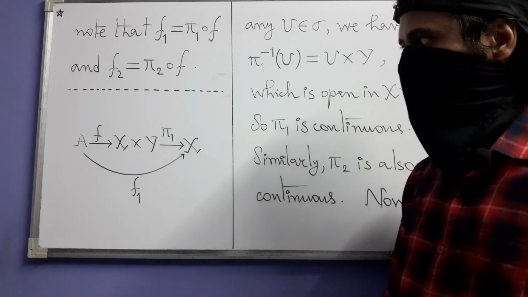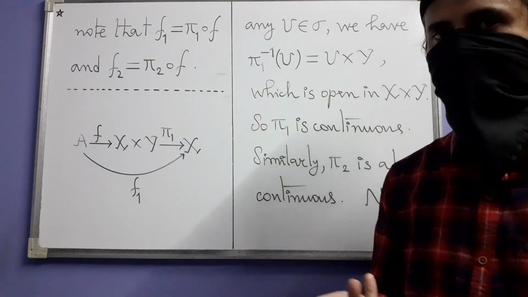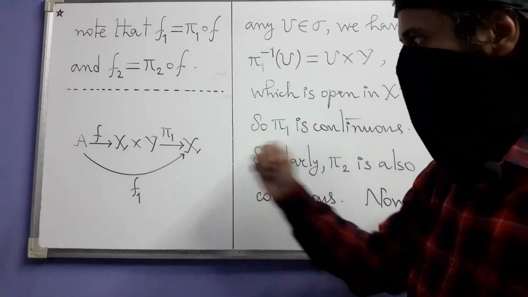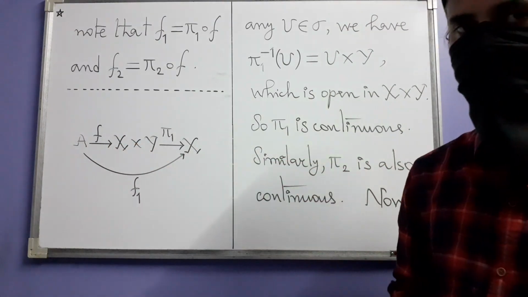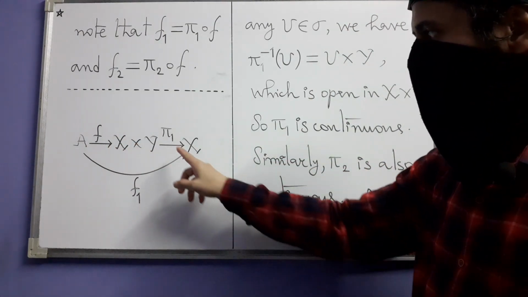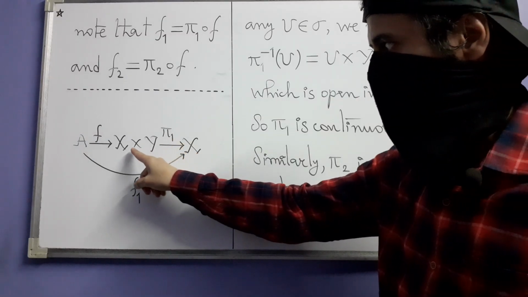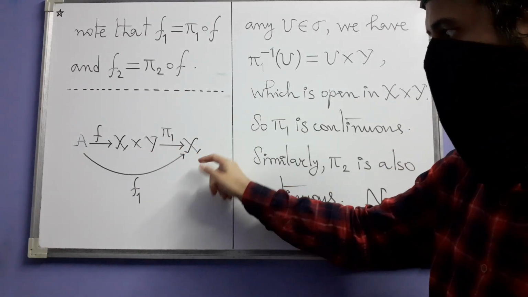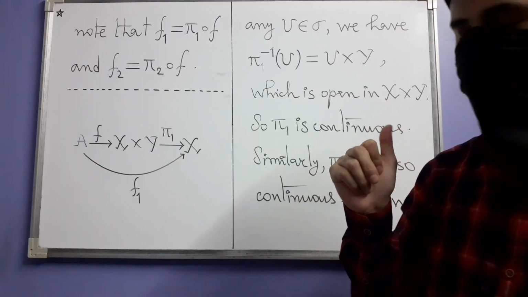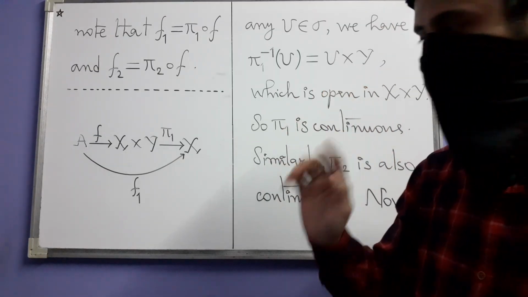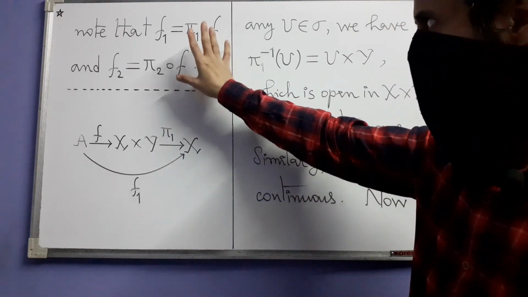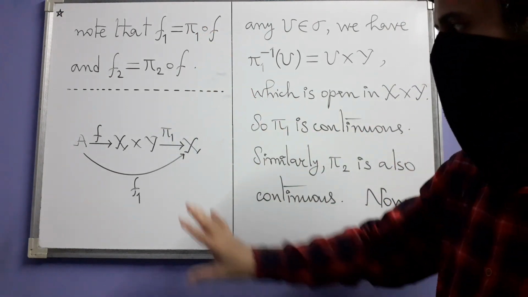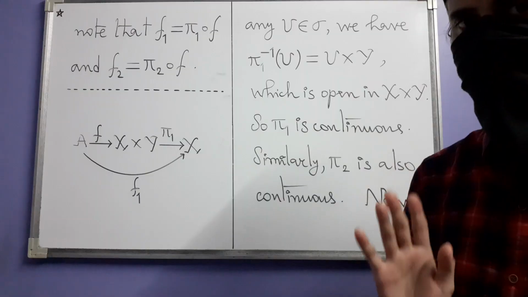So we get a hint that this equation can possibly make sense from this diagram. f maps A into X times Y, that is already given, and the way we define pi1 maps X times Y into X, and our function f1 in the statement of the theorem maps A into X. So this may be true. From this at least we see that it may be true.